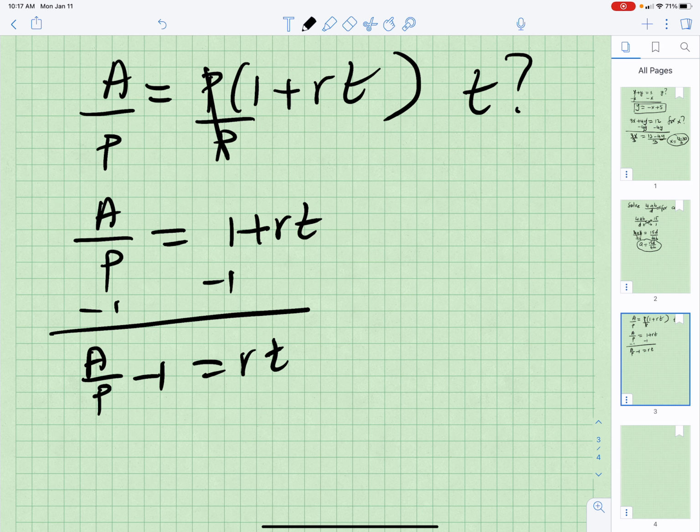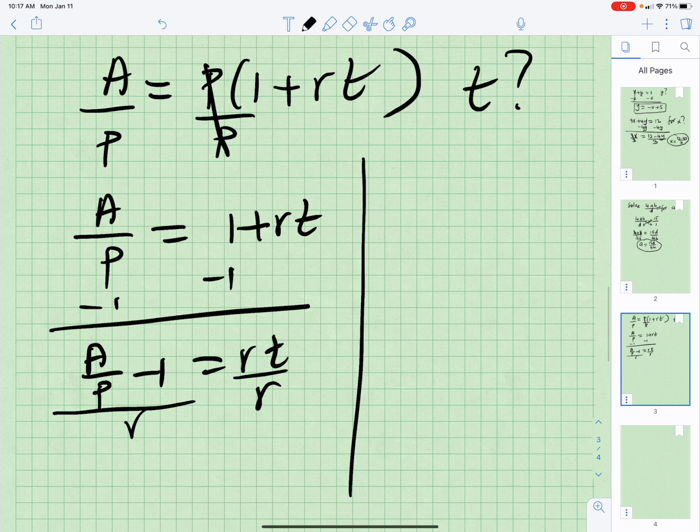So now I need to divide both sides by r, right? So we can divide by r. So this seems a little confusing because we have the fractions, another fraction. So remember the rule of dividing fractions. So we have a over p here.